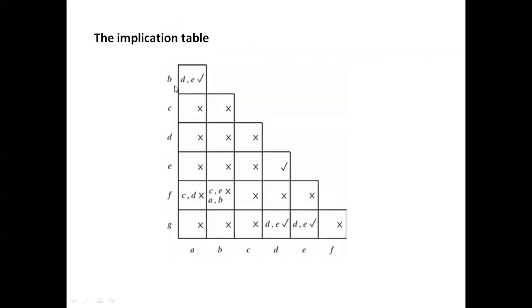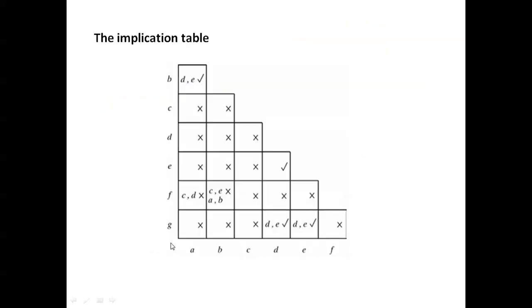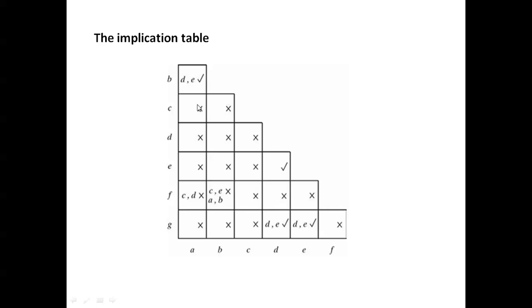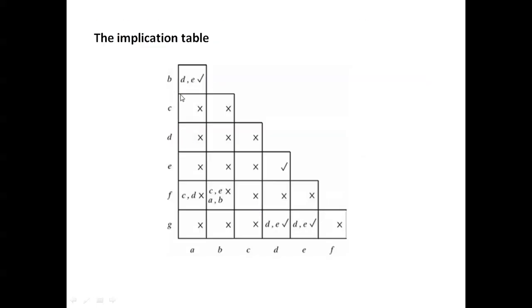The implication table is drawn with B, C, D, E, F, G. The states are written here, and the states are also written here. For each pair, the implied states are written in the square.